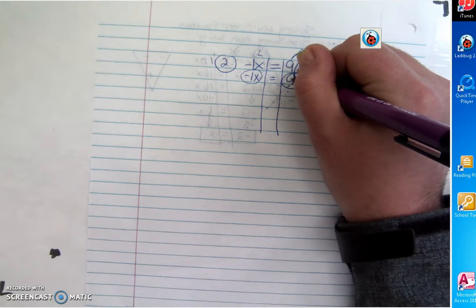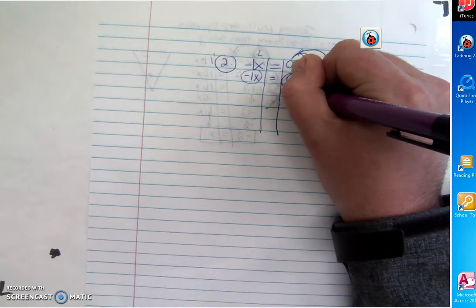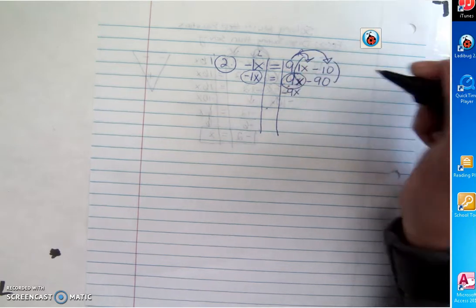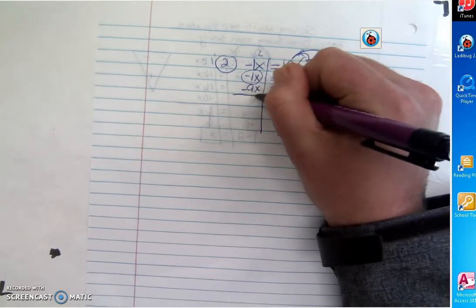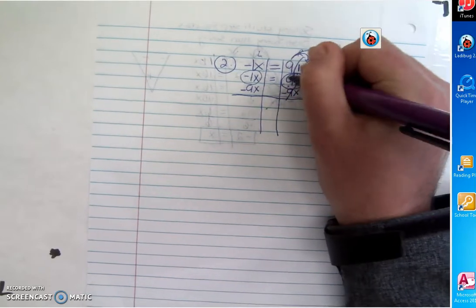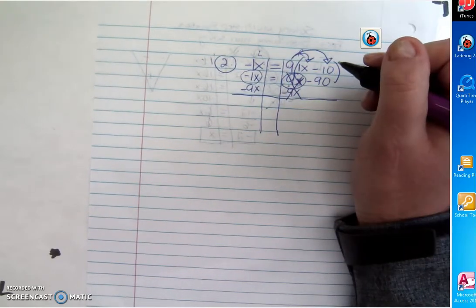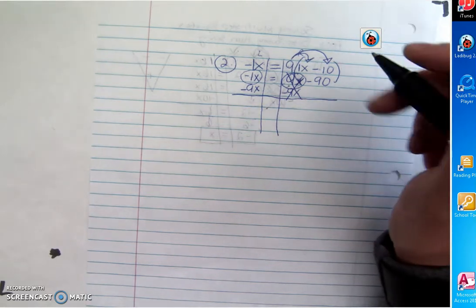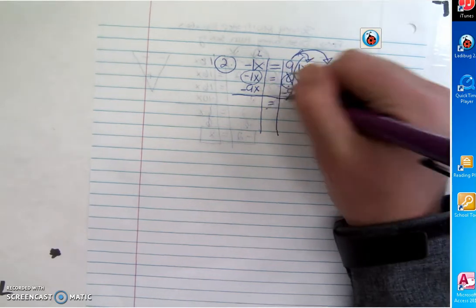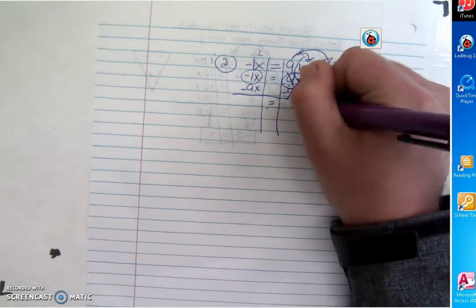So the opposite of a positive 9x is a negative 9x. And remember, what I do to one side, I must do to the other side. And I'm going to cancel these out because opposites always cancel because they equal 0. Now let's bring everything else down that we have left. We have a negative 90 left.